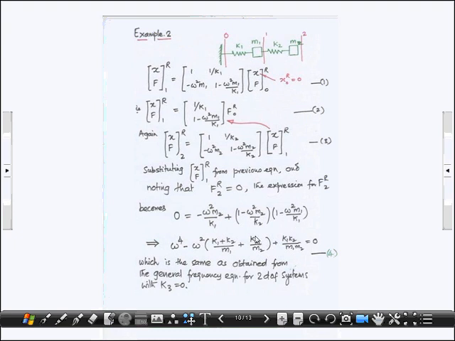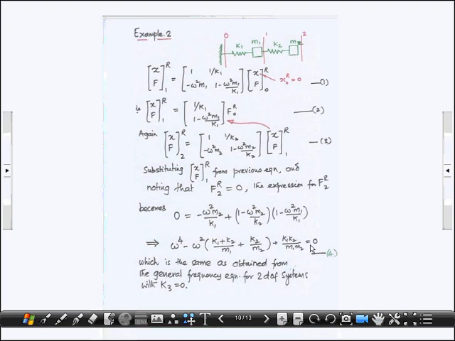When you simplify, this equation reduces to omega to the 4 minus omega square into (K1 plus K2 by M1 plus K2 by M2) plus K1 K2 by M1 M2 equal to 0. You will notice this is the same equation as we obtained when we had three springs K1, K2, K3. In this particular case, the spring K3 connected to the wall is made 0, and then you get the reduced equation to be the same.